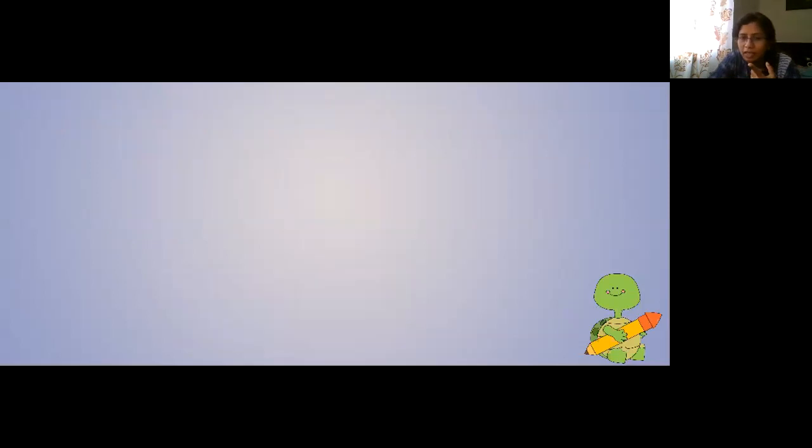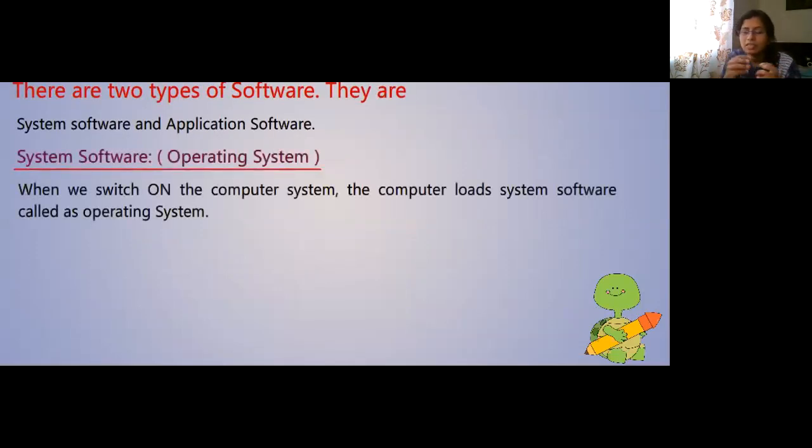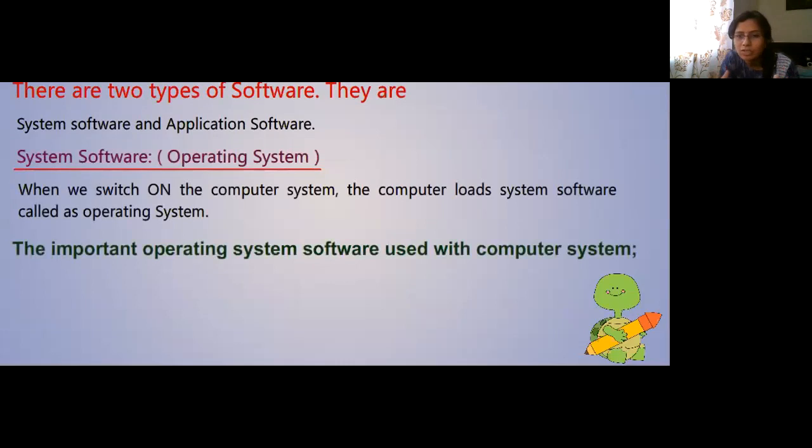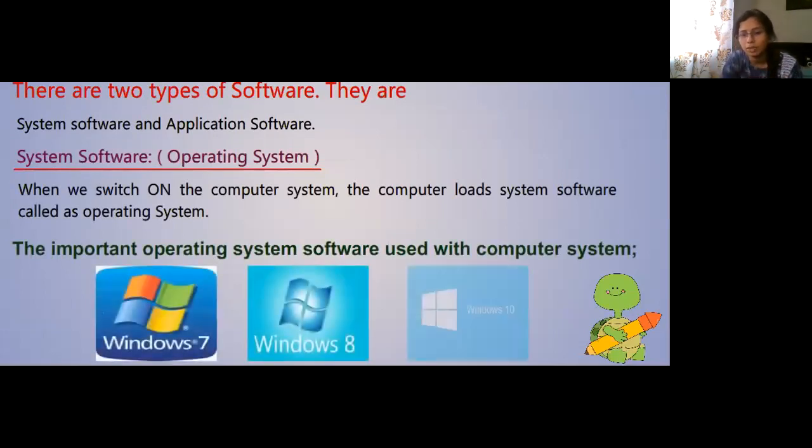And what are the different kinds of software we saw? We saw that a computer has two types of software, system software and application software. System software is the main software. If you want to do any work on the computer, first you have to put in system software. System software is nothing but the operating system.